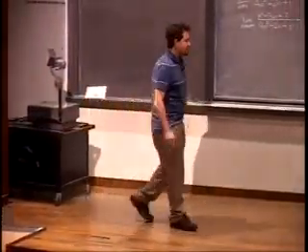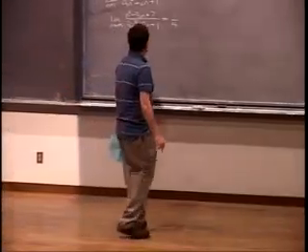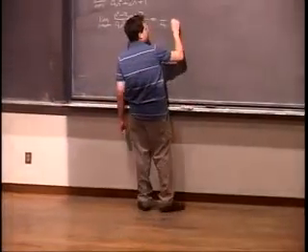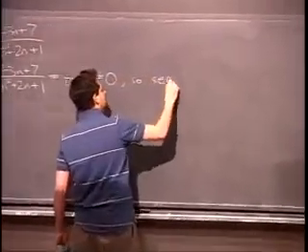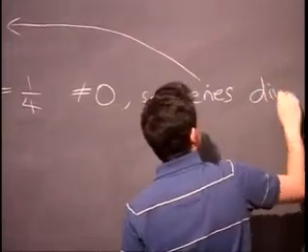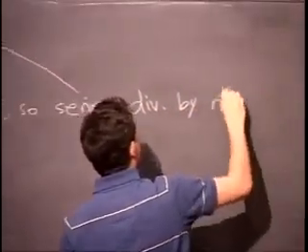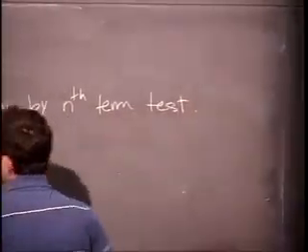No matter how you set your marker, I'm always going to pass it. So this series, the point is that this limit is not zero. So the series, that's this original series up here, diverges by the nth term test. No further work required or desired.